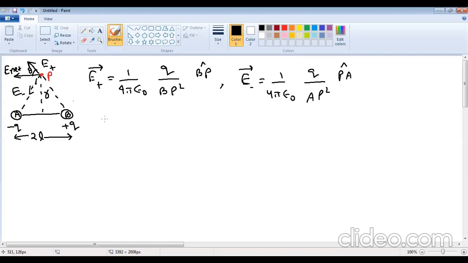Now, we can see that if we check the distances of BP and AP, these two are equal and equal to under root R square plus L square.